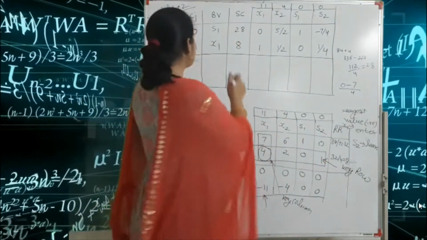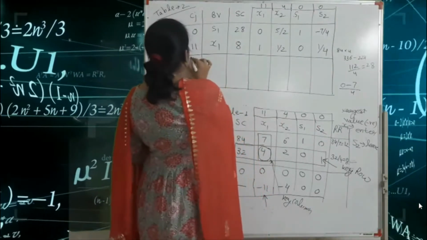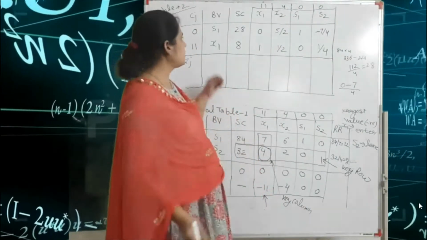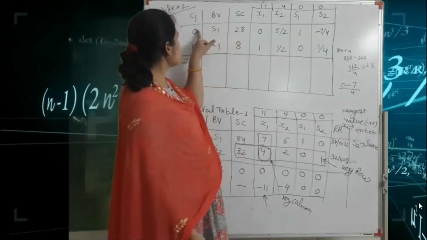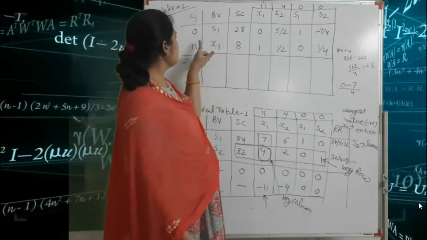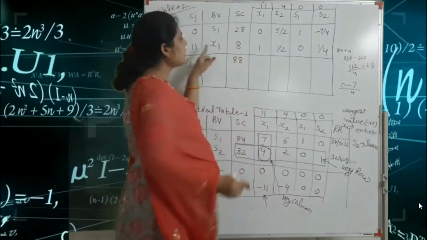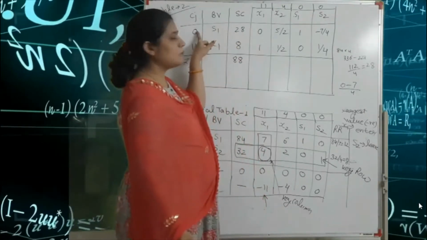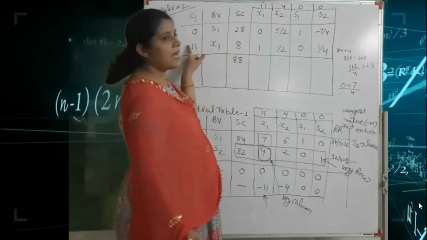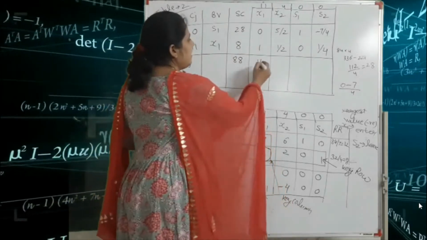Okay, so next one is we find the Zj. So Zj means what? 28 into 0 plus 11 into 8 means 88. Got it? 0 into 0 plus 1 into 11 means 11.